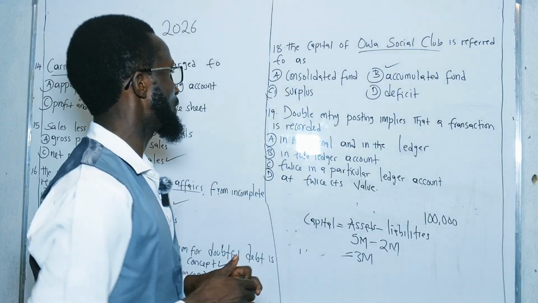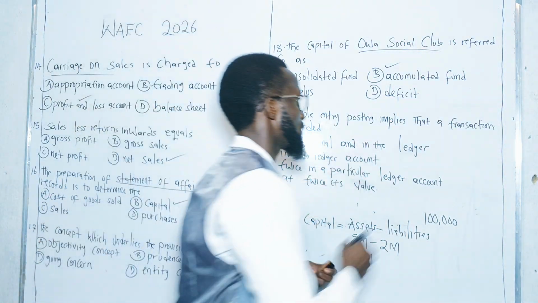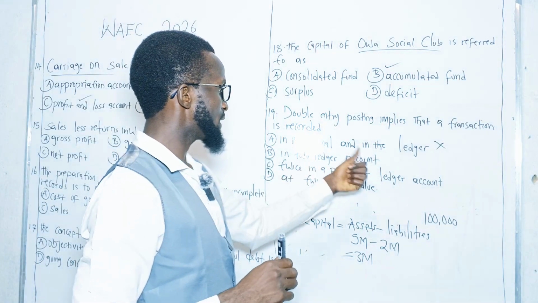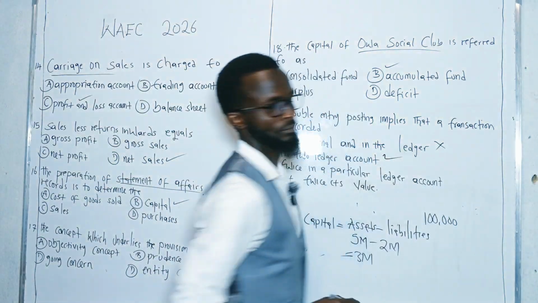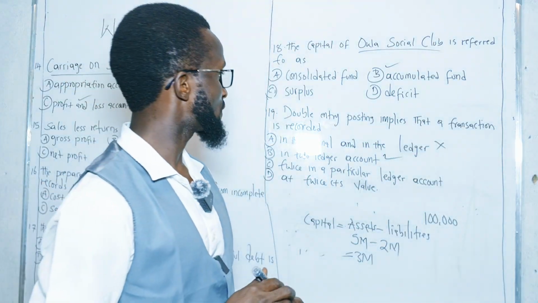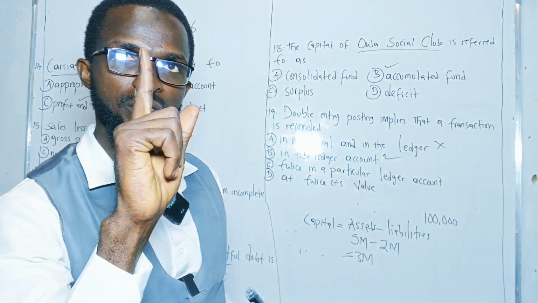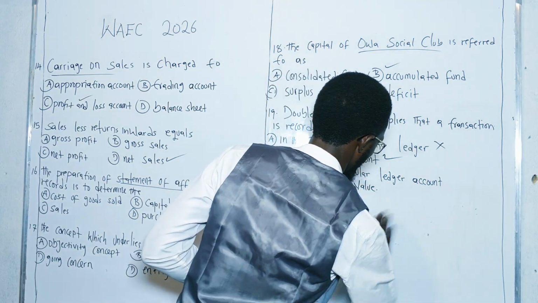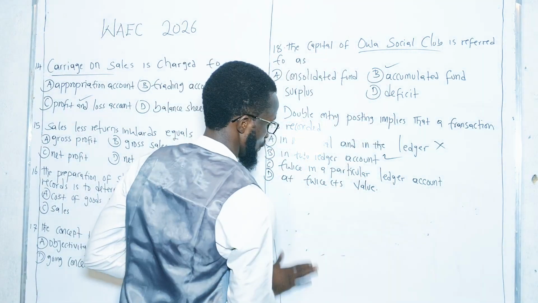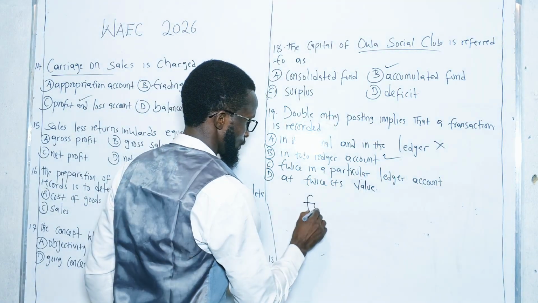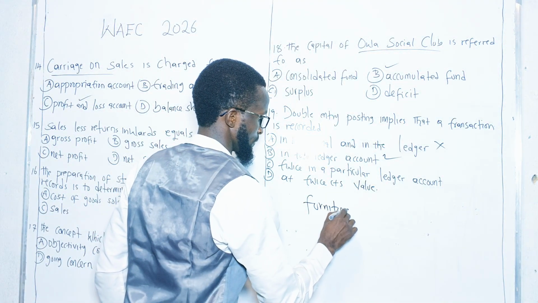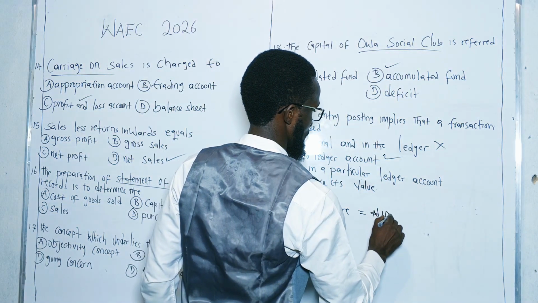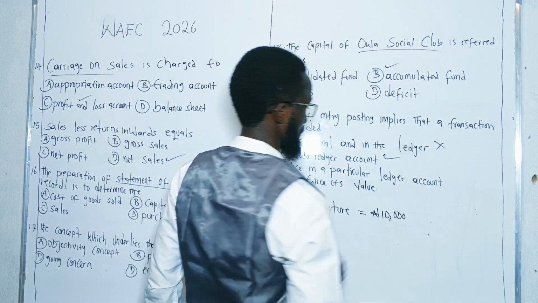So in the journal and in the ledger, this is not the answer actually. In the two ledger accounts, yes, this is the answer. Every transaction has to affect two ledgers. Let's say for instance you purchase furniture worth 10,000.